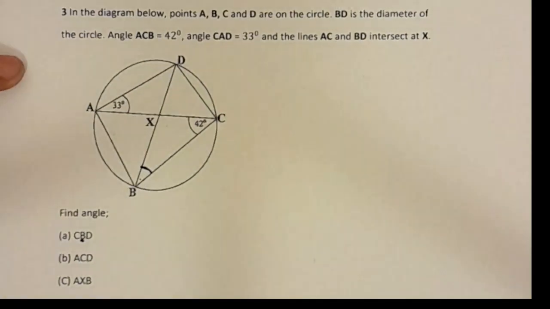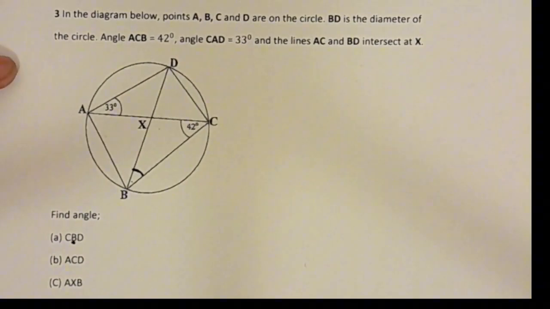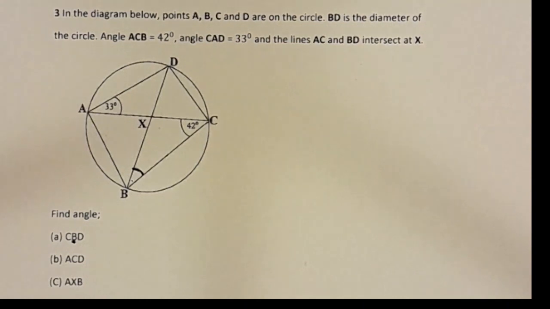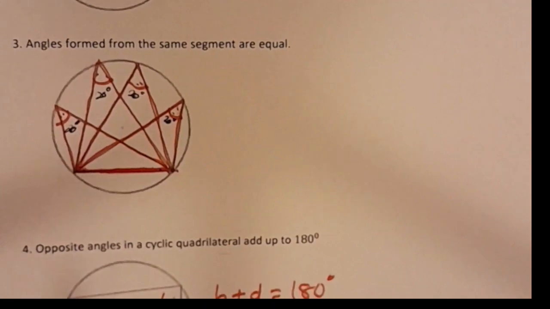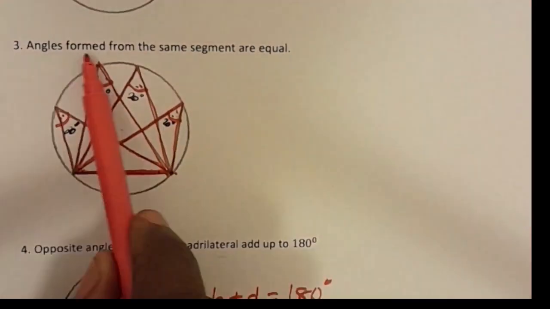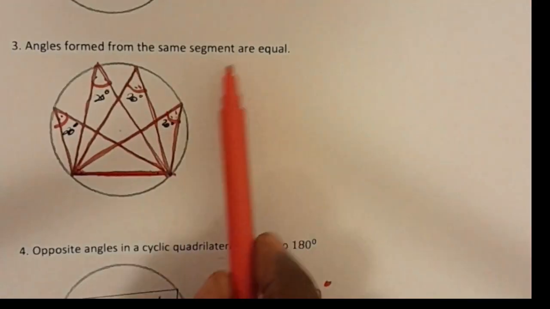Now, what property or theorem are we going to use to find angle CBD? We will use this theorem that says angles formed from the same segment are equal.